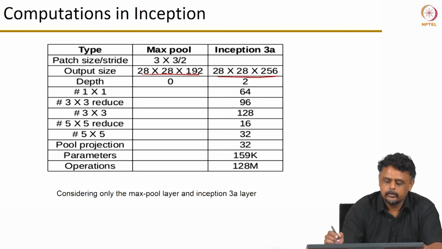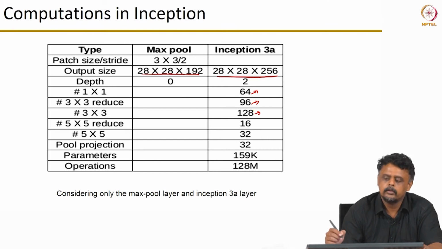It has 64 1 cross 1 convolutions. Then it had 96 for the 3 by 3 reduce, which in that table means the number of 1 cross 1 convolutions done, the 96 feature maps produced by the 1 cross 1 convolutions prior to doing the 3 cross 3.